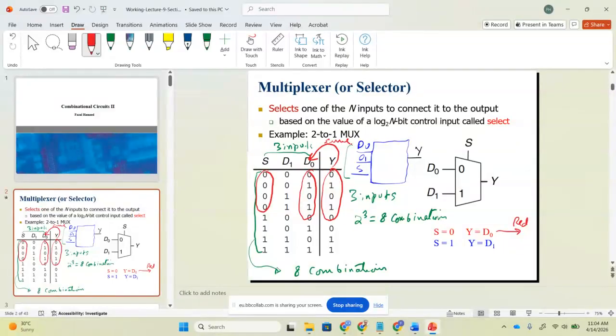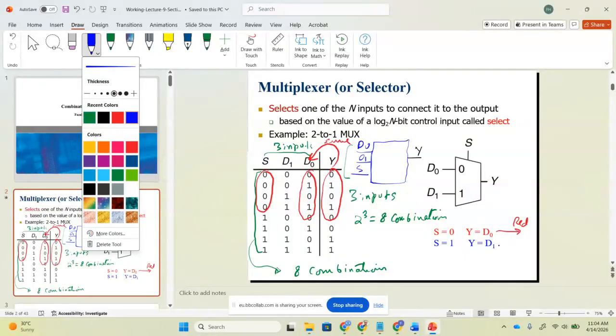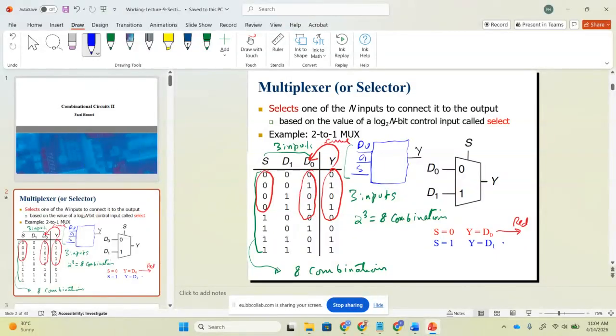Now when S is equal to 1, which color? Blue. Very good. So when S is equal to 1, what is the value of Y? Y is equal to D1.